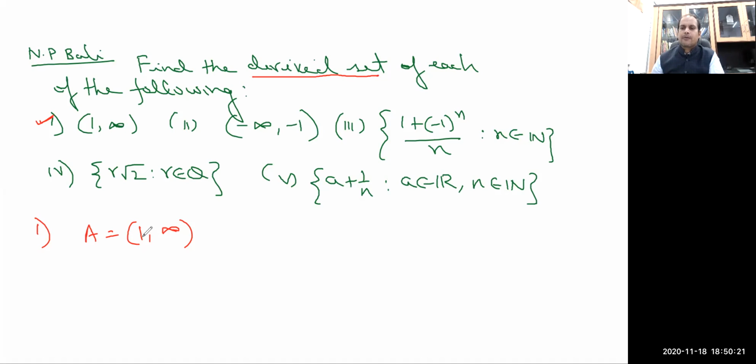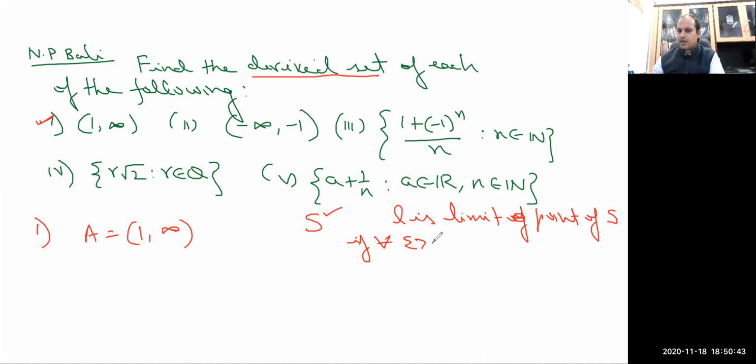So we already know the definition: suppose S is any given subset of R, then we claim that L is a limit point of the set S if for every epsilon greater than 0, the neighborhood L minus epsilon, L plus epsilon, that is every neighborhood of L, has an intersection with the set S other than L that is non-empty.